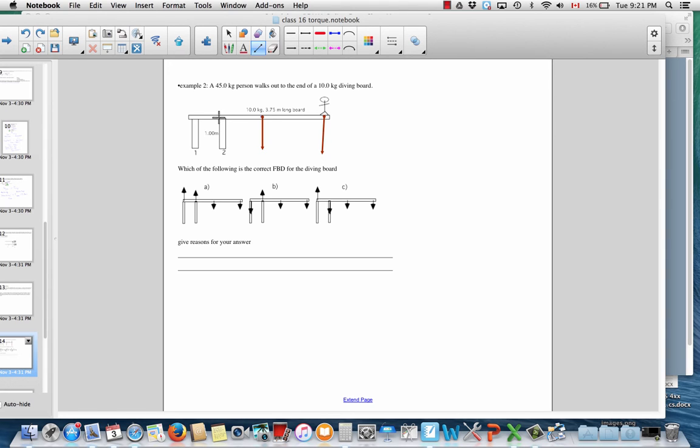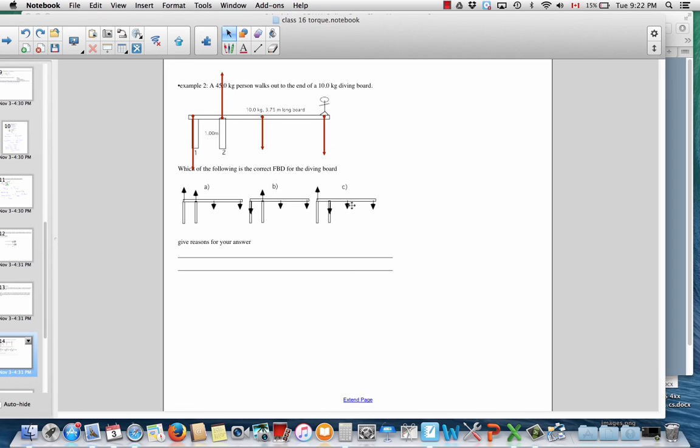If we imagine, say, support number 1 is the pivot point, then we can see that support number 2 must actually be pushing upwards in order to balance these two clockwise torques. If, on the other hand, we imagine support 2 is the pivot point, then support 1 has to be pulling down on the beam in order, again, to balance the torques.